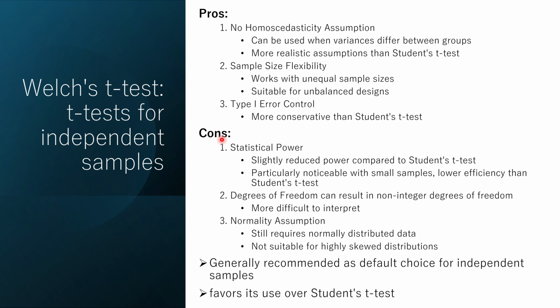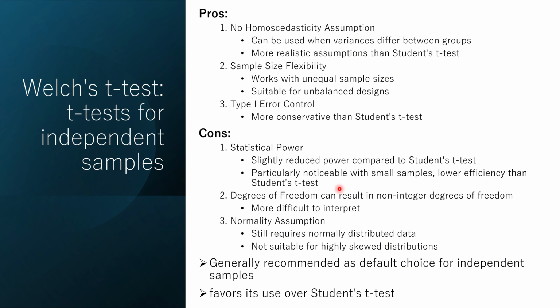These are the good points, but there are limitations. First, statistical power is slightly lower, slightly reduced power compared to the Student t-test. Second, degrees of freedom are fractional. Welch's t-test uses an approximation, so the degrees of freedom can be a non-integer. That can feel a bit awkward to interpret.